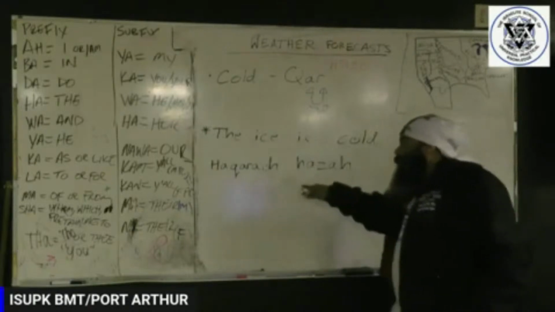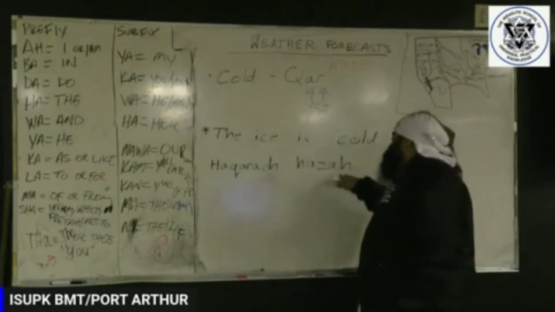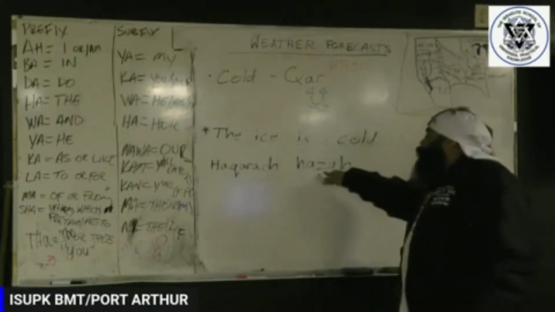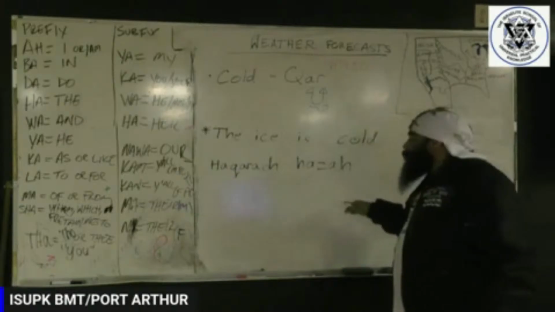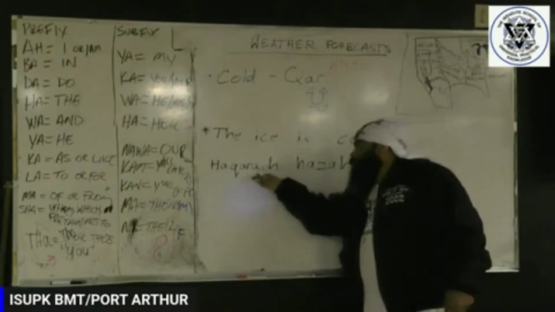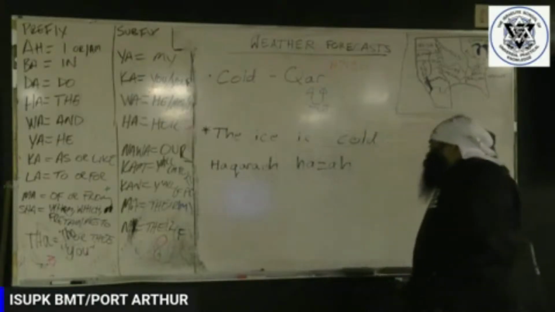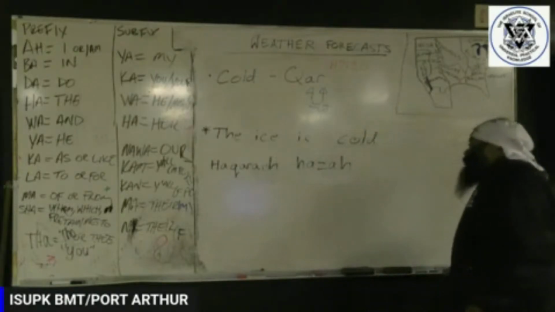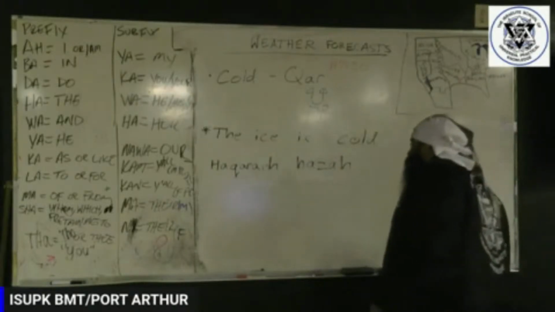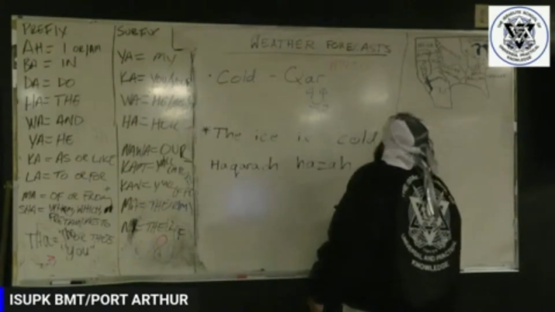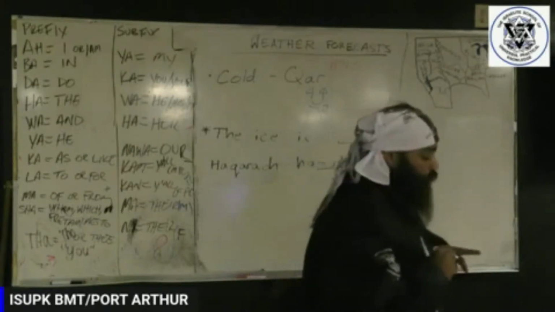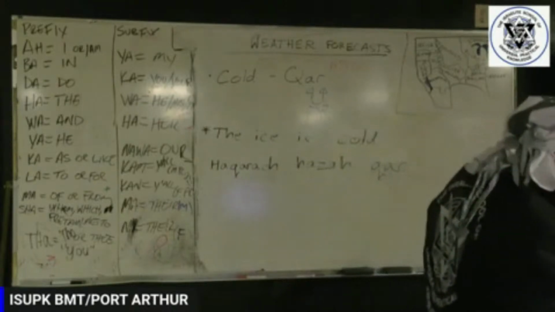Something plural can use this is right here if whatever is before it is plural. So ha Qorak, the ice; hazah, is; and quar, cold. Ha Qorak, hazah, quar. The ice is cold.